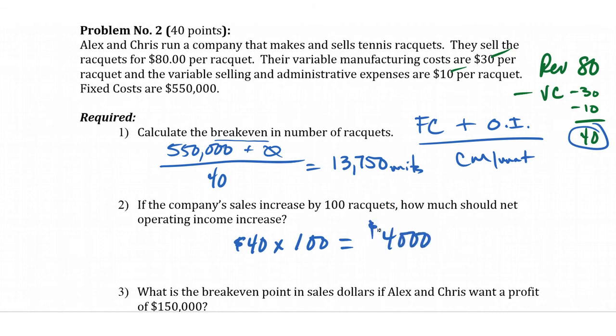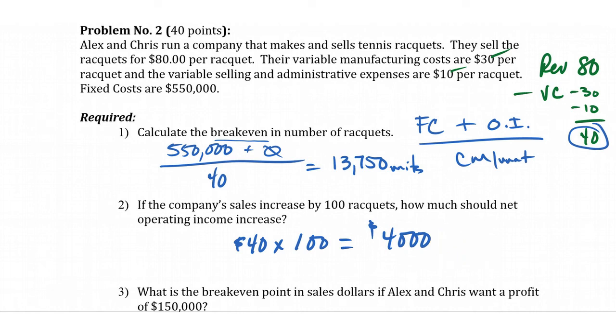Because our fixed costs don't change, so the 550 don't increase when we sell 100 rackets more. And our revenue minus our variable cost is our contribution margin. So we have additional contribution margin, no additional fixed costs, so that becomes additional net operating income.